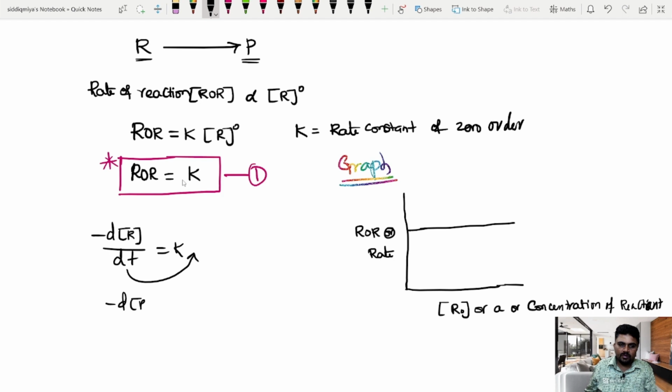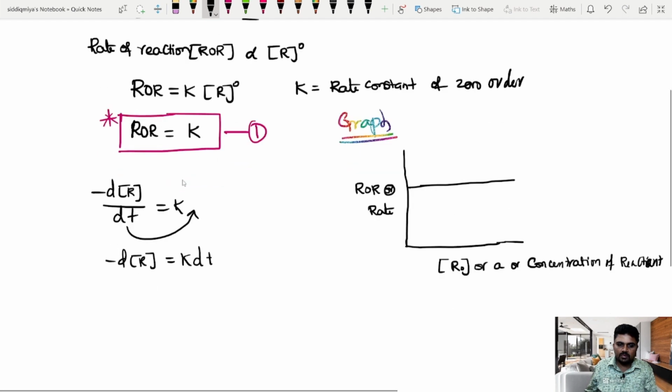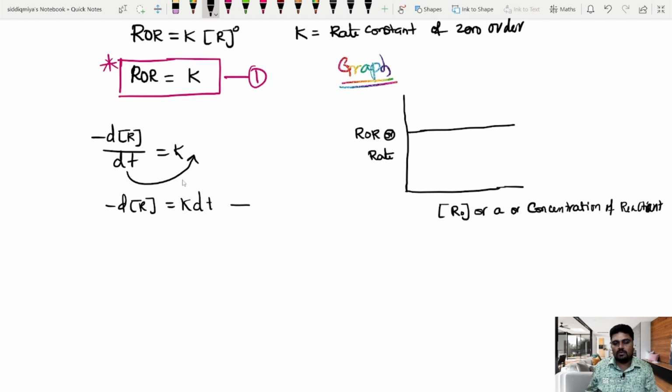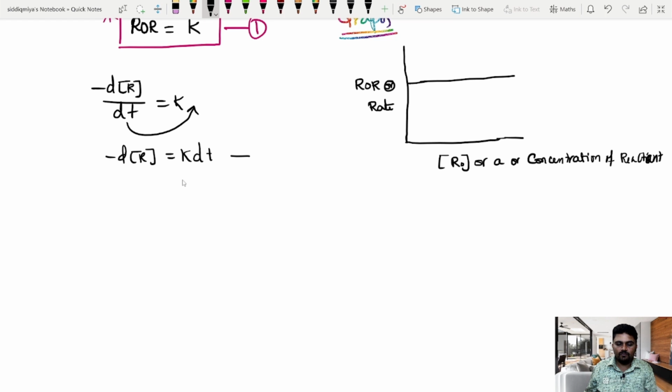So minus dR is equal to K into dt. Now for this equation you can multiply with minus. Minus into minus is plus, then dR is equal to minus K dt. Let us say it is the second equation.